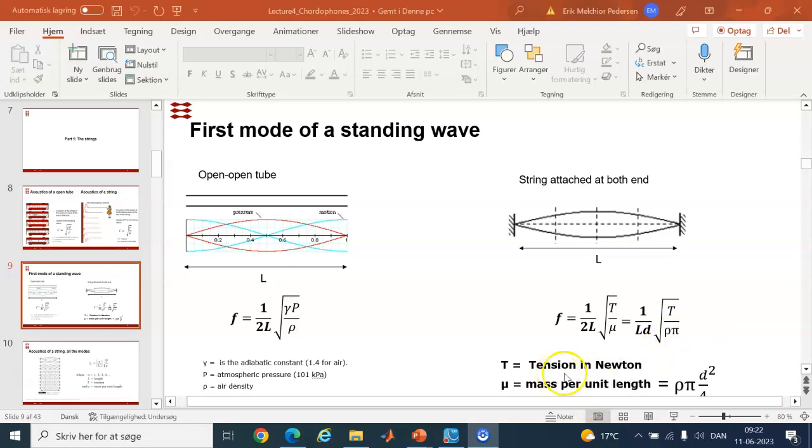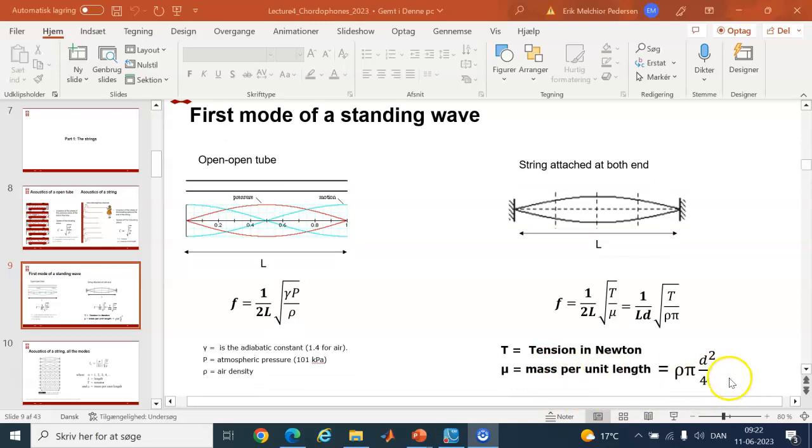T is the tension in Newtons, and mu is the mass per unit length. Mass per unit length is mass density times the area, so it is rho, the mass density, times the area, which is rho times pi times diameter squared divided by 4. Those two terms are equal.